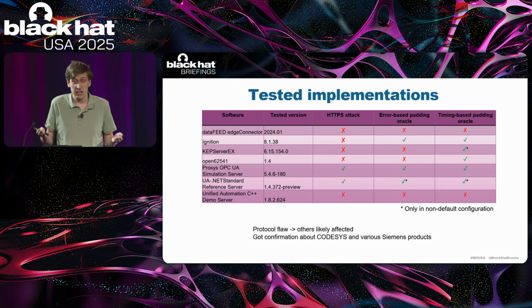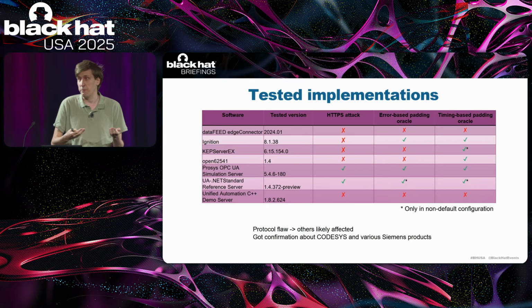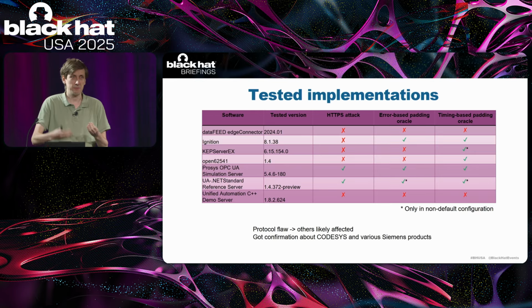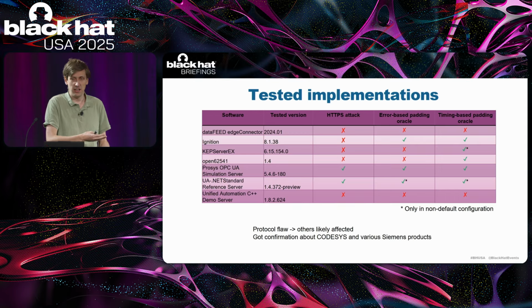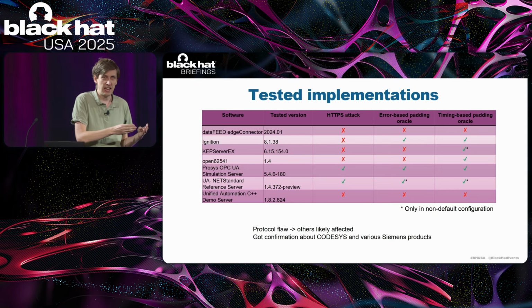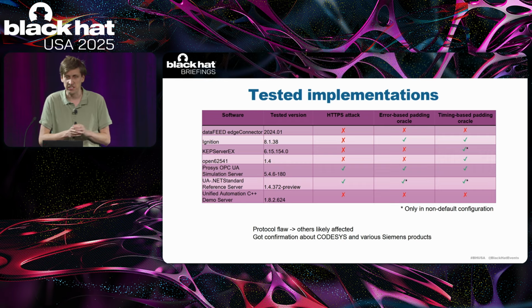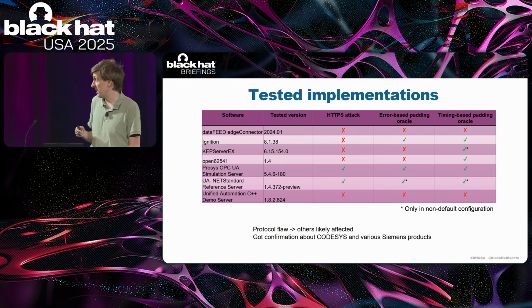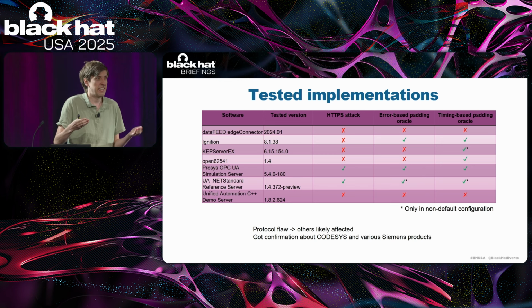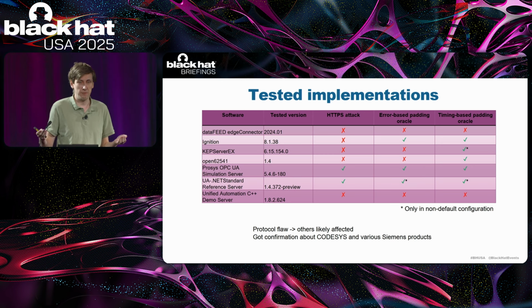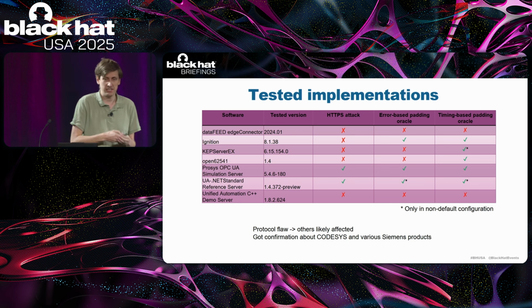I picked these 7 implementations because that's where I could get a lab setup working in a reasonable time, and they didn't require expensive hardware or software licenses. But there are many more implementations, and if 5 out of 7 in this sample were vulnerable, you can probably extrapolate that and say that a lot of other implementations would be vulnerable to this same attack.